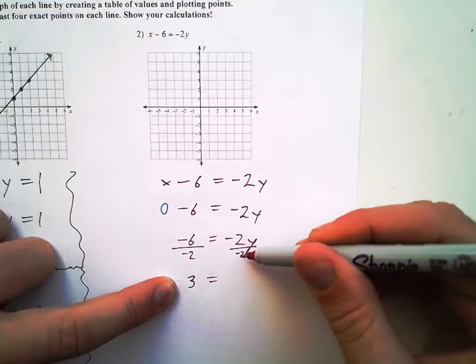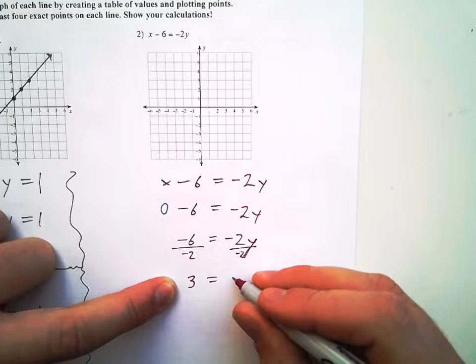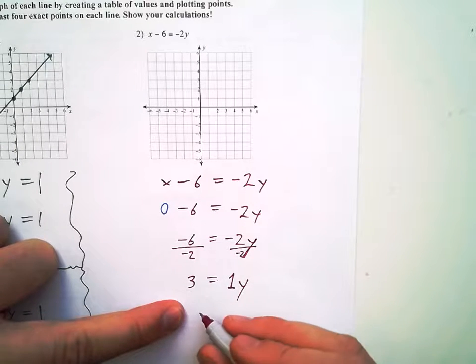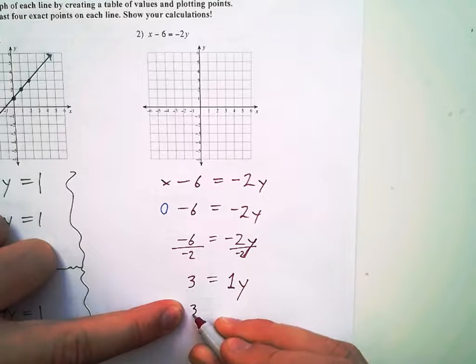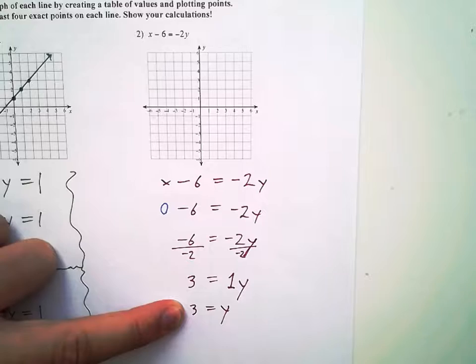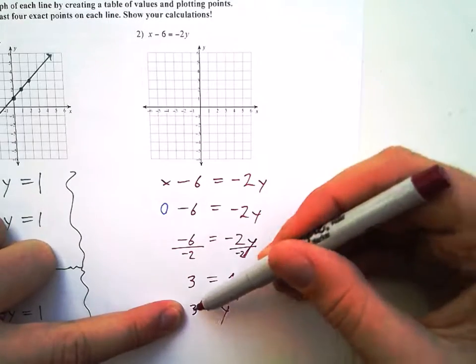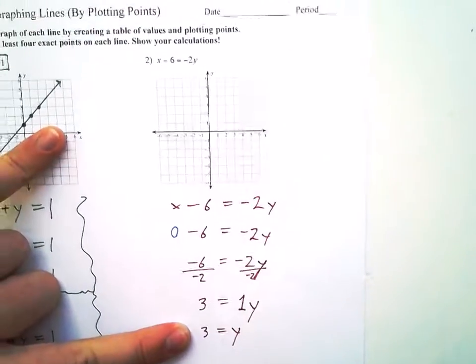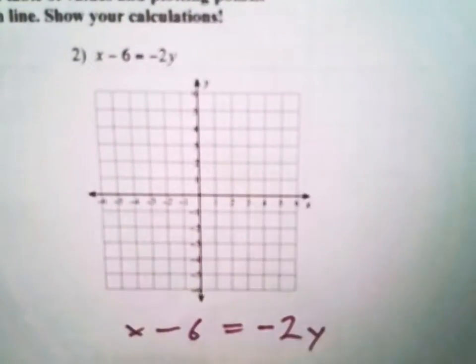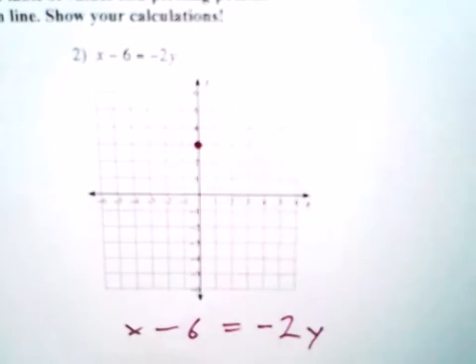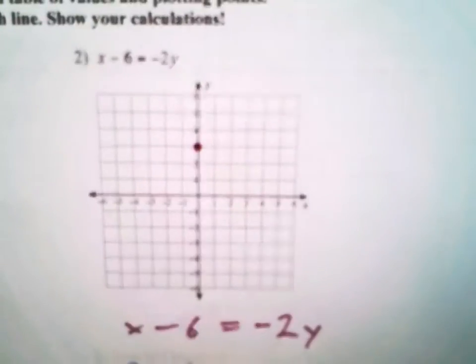Negative 2y divided by negative 2 is 1y. So y equals 3. So if x is 0, we get y equals 3. So up here, we go to x is 0, y is 3. Put a dot there.